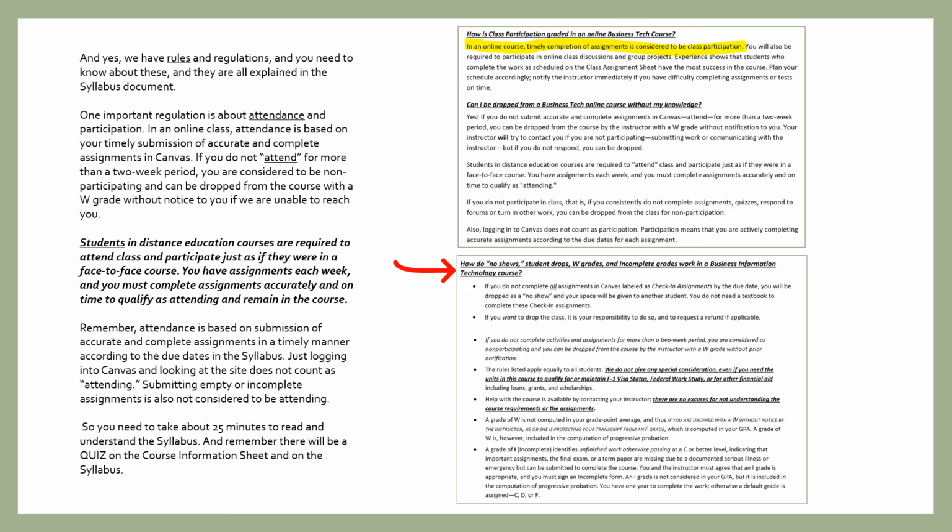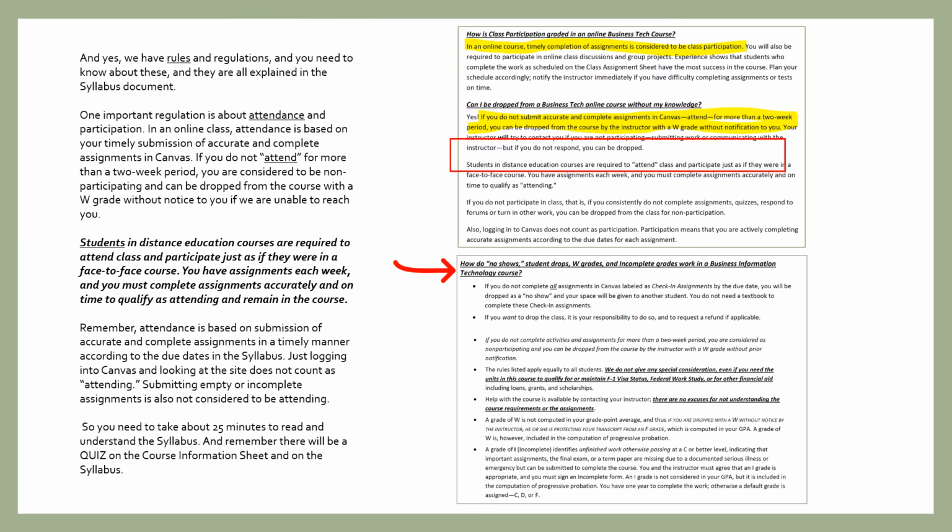In an online class, attendance is based on your timely submission of accurate and complete assignments in Canvas. If you do not attend for more than a 2-week period, you are considered to be non-participating and can be dropped from the course with a W grade without notice to you if we are unable to reach you.